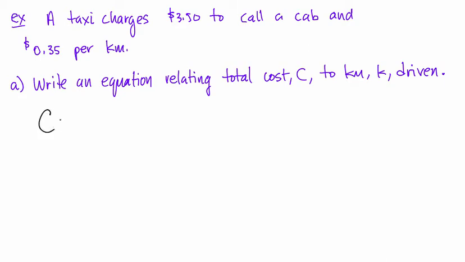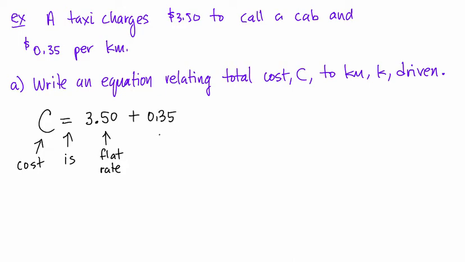So the total cost is equal to, well, I make the phone call. This is called a flat rate. So I have to pay that of $3.50, and I have to pay an additional 35 cents.